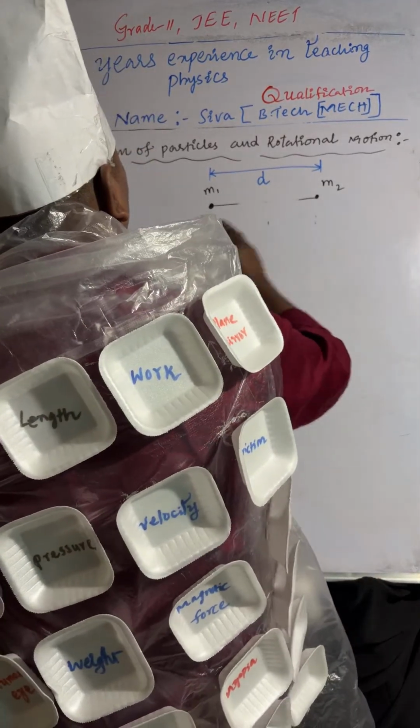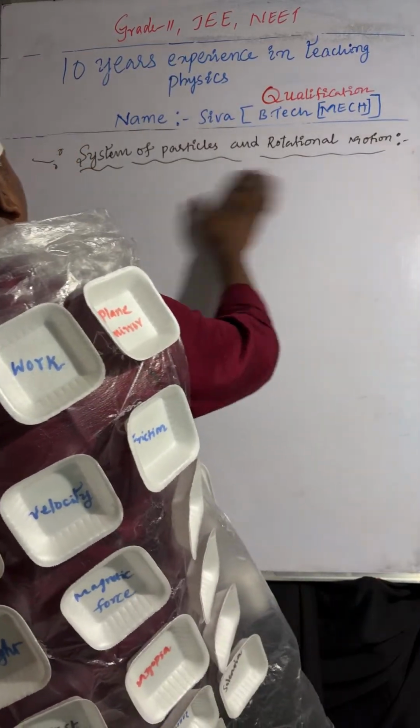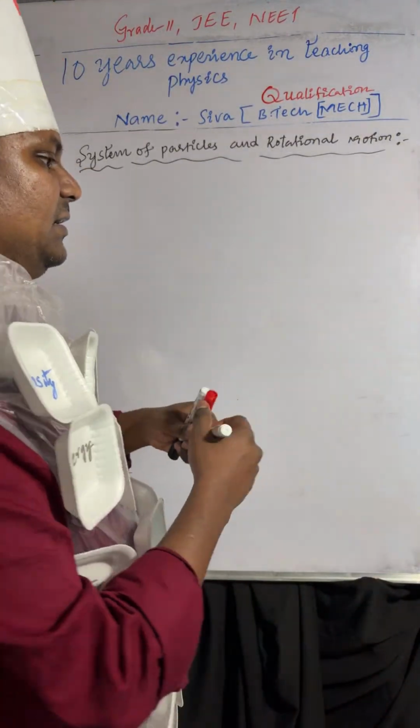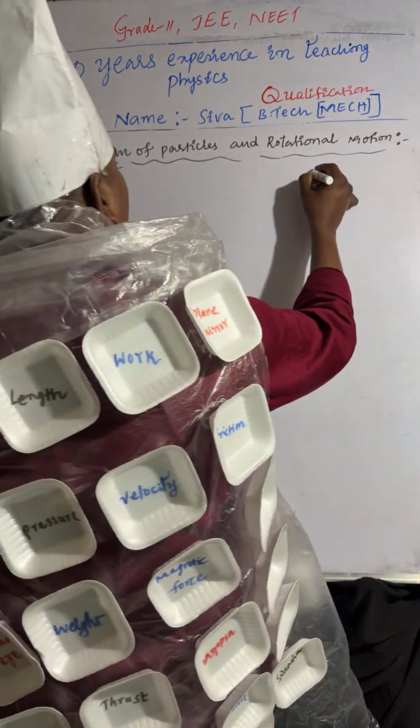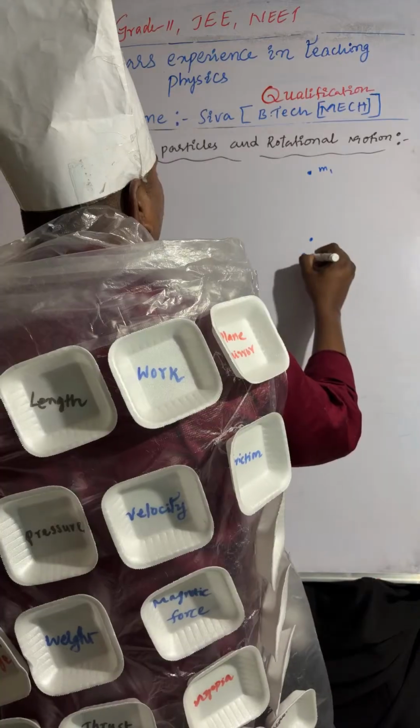So if n number of particles are there in a system — I am taking only two particles as a system — suppose this is M1 and here is the center of mass.